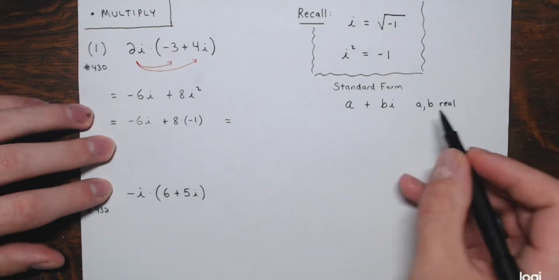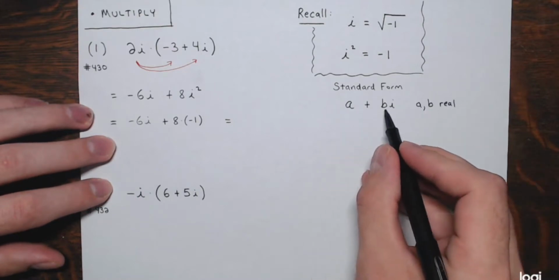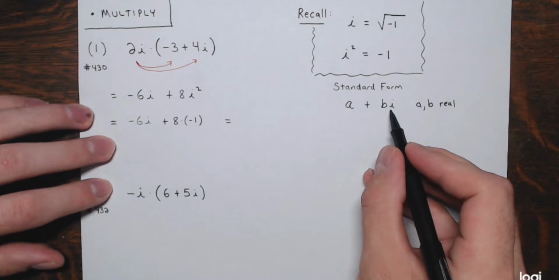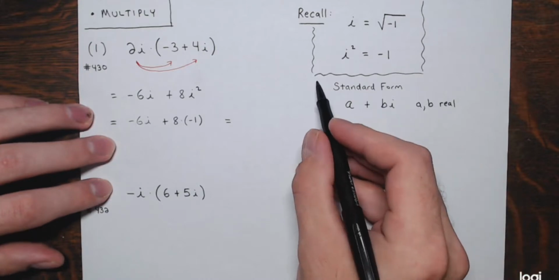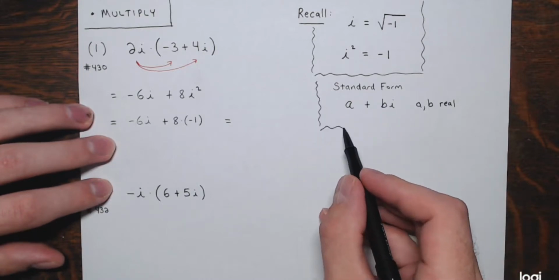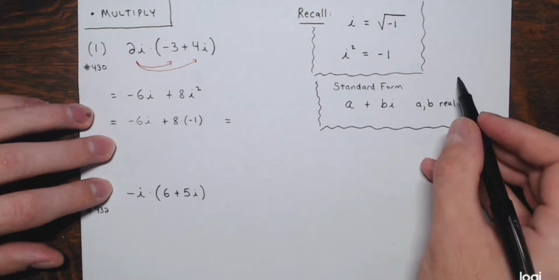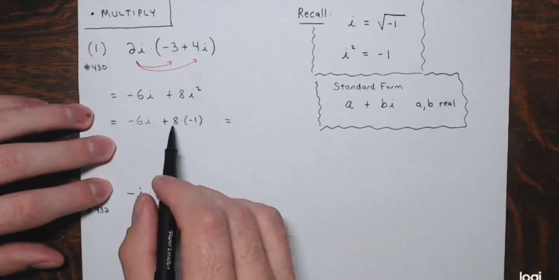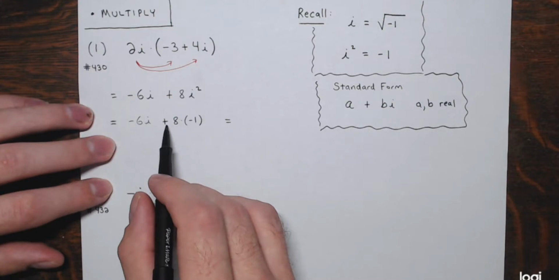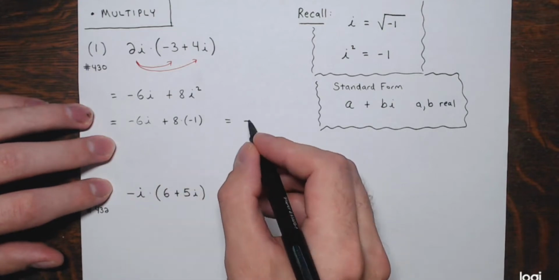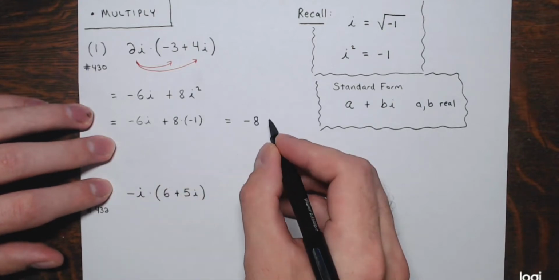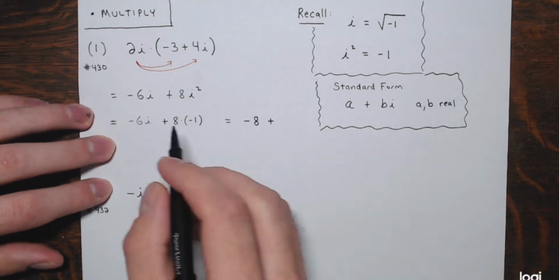So you have a real number plus a real number times this imaginary unit. Let me box that in also. The real number part of this would be positive 8 times negative 1. That's negative 8 for the real number, plus the imaginary number, which is negative 6i.